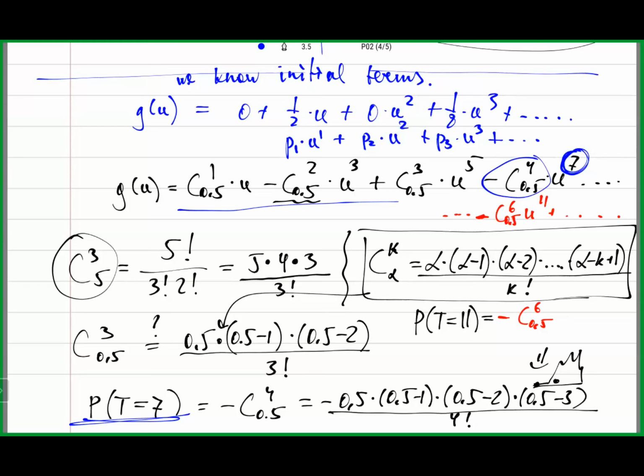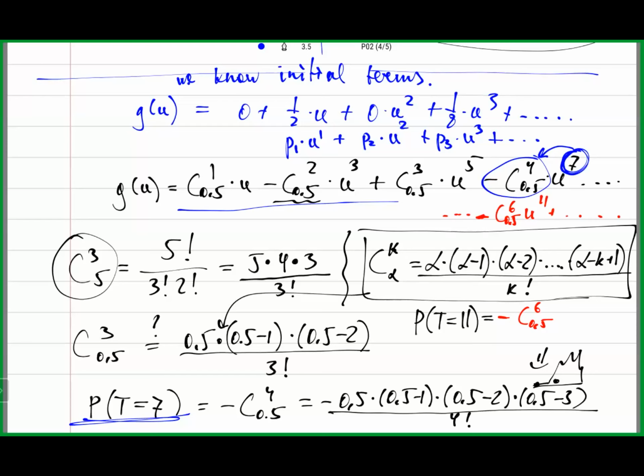in power of 123, right? Yeah, so I just remarked how to go from 7 to 4. The power of u goes up by 2 every time, yeah? So it is 1, 3, 5, 7, 9, 11, and the superscript of binomial coefficient goes by 1.